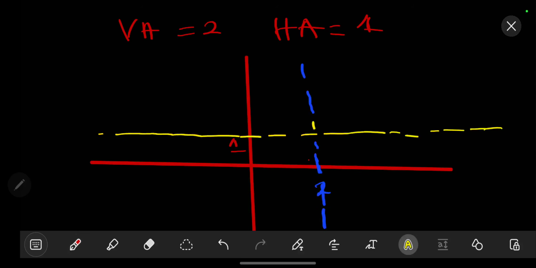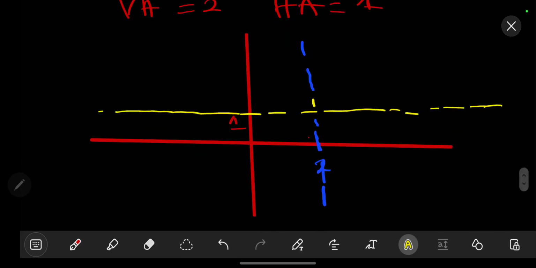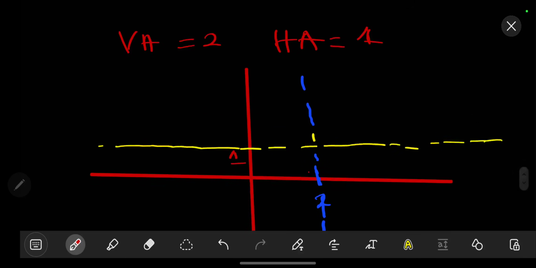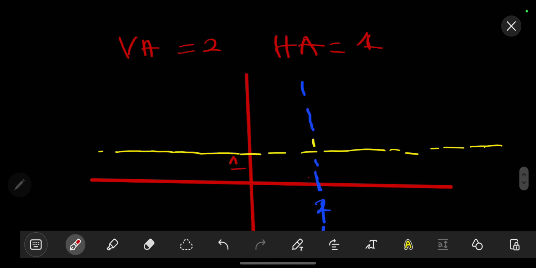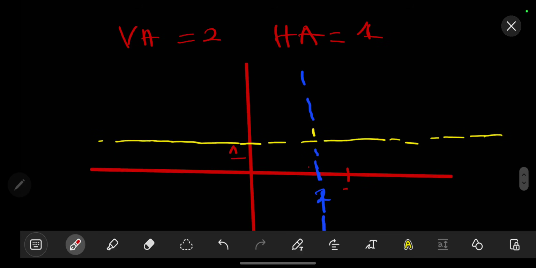Now let's first study the behavior of the graph as we move to the right, as we look at numbers such as 3 and 4. Then we are also going to study the behavior at 1 and 0, on the left side.